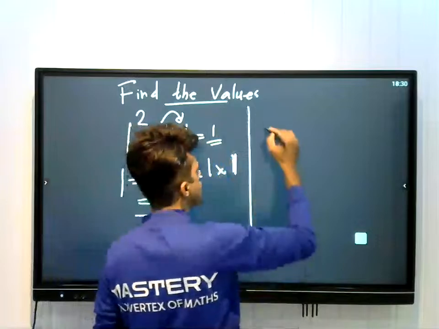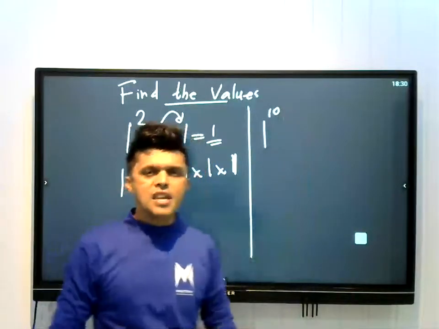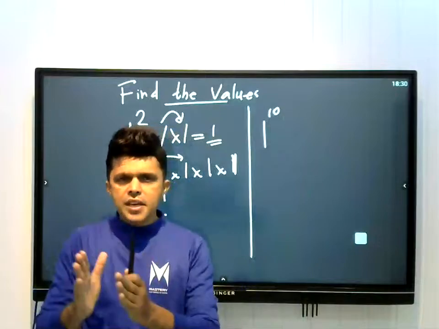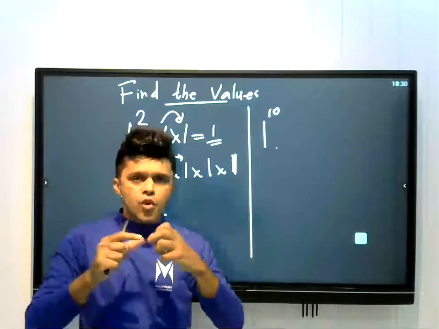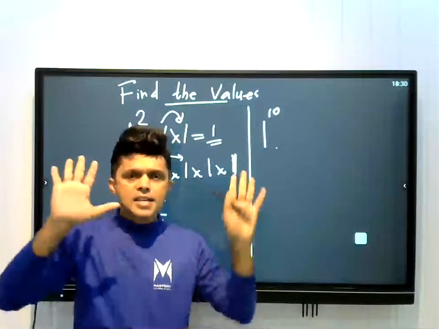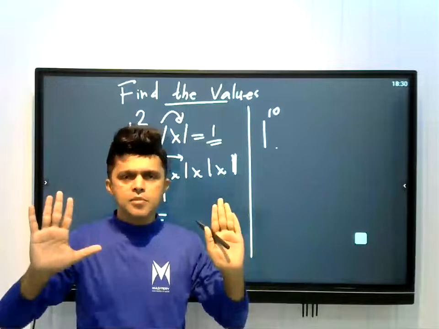What's the answer of 1 to the power 10? You have to multiply the digit 1 ten times.